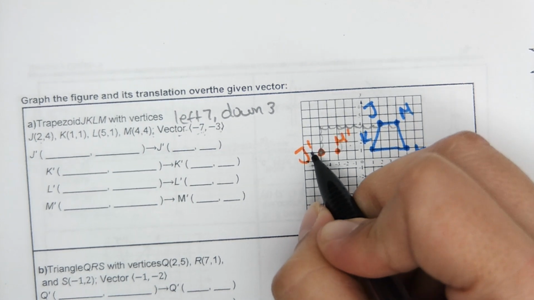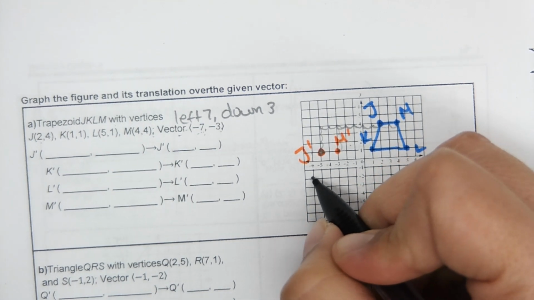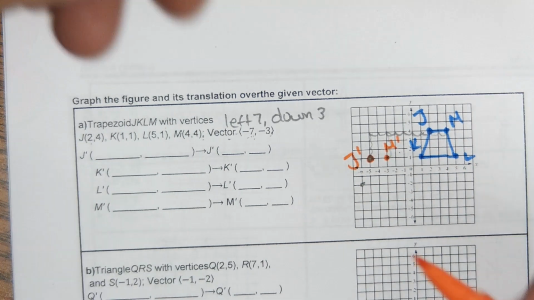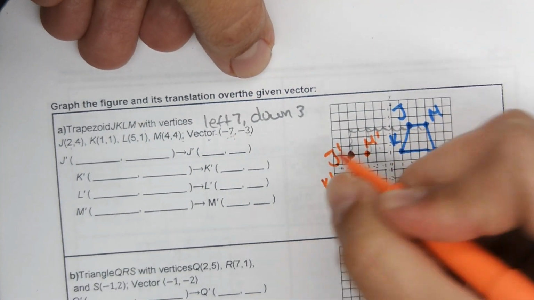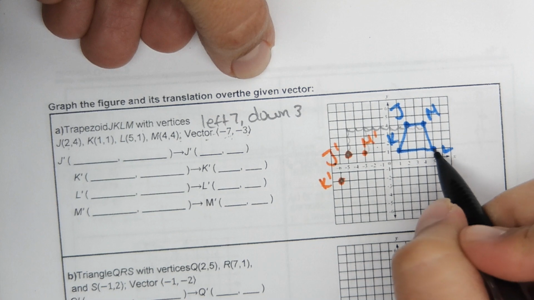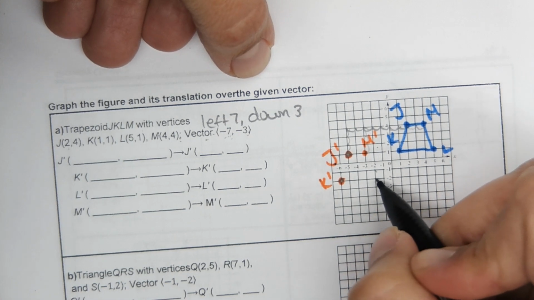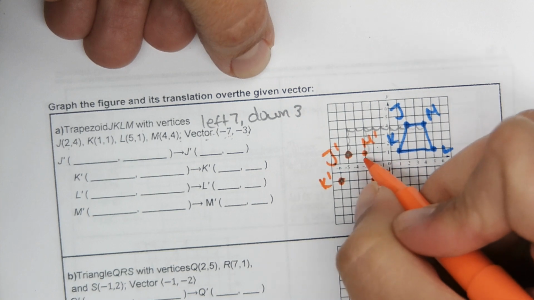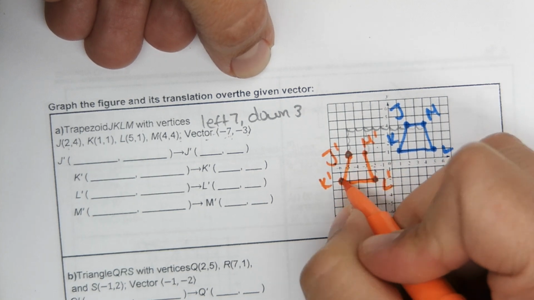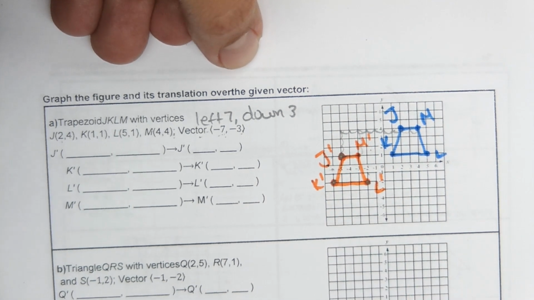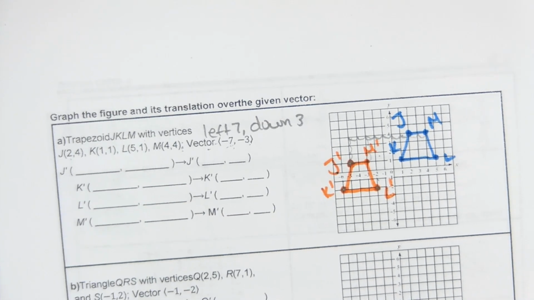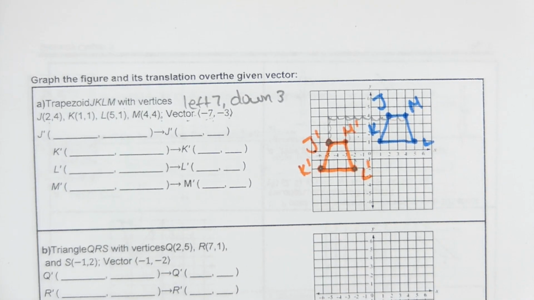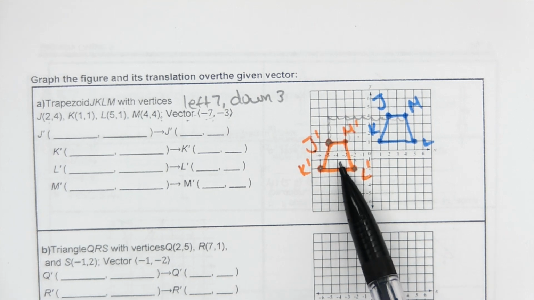From 1 to negative 6 would be 7, down 1, 2, 3. 5, negative 2, 1, 2, 3. Okay, so then here is our image after the translation.